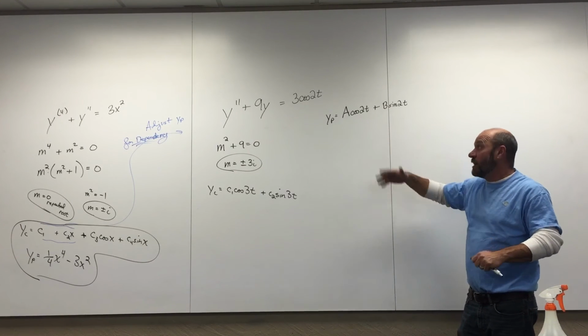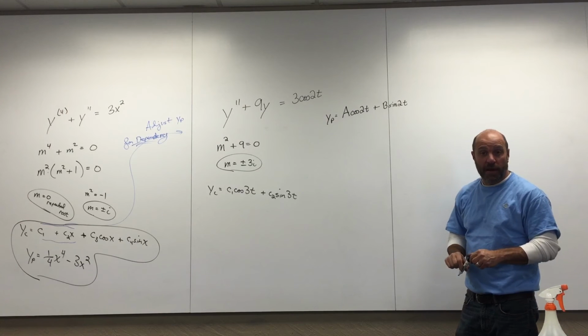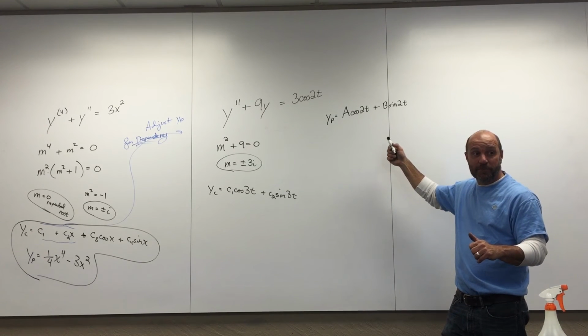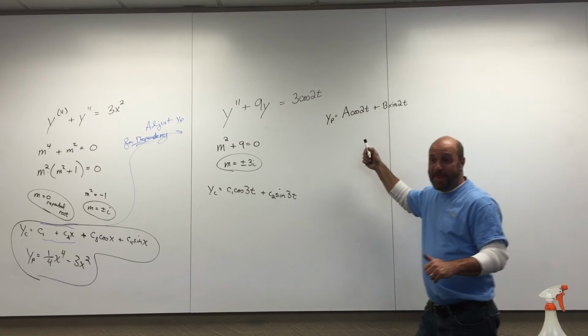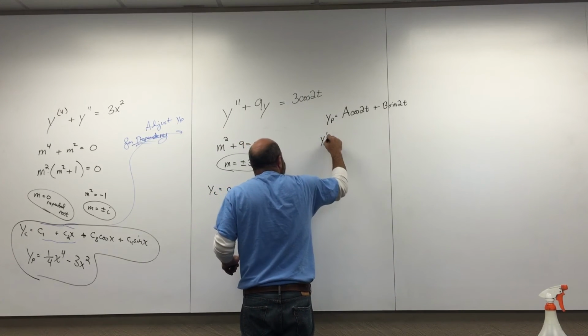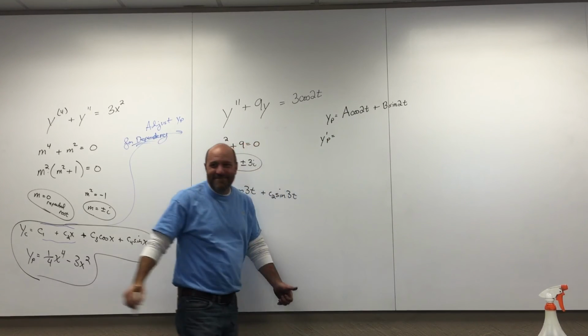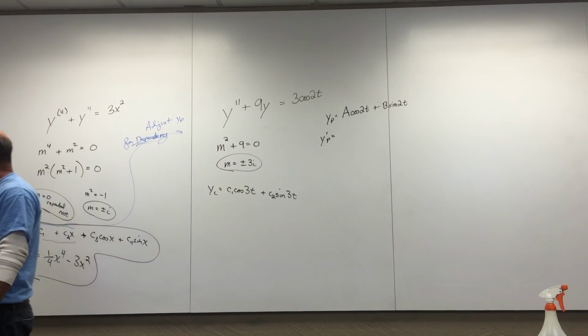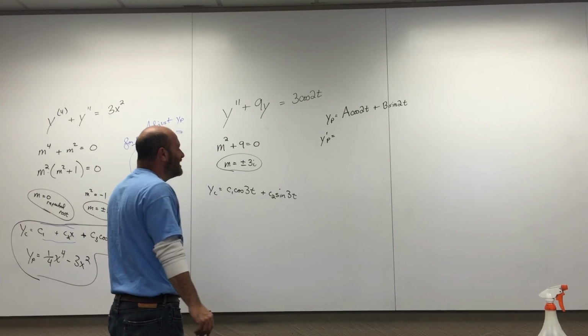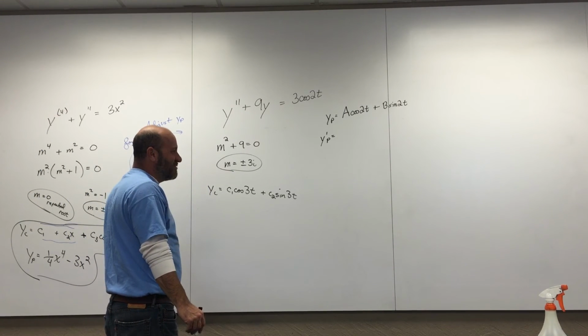That's my guess, and I guess I could keep going here. It's not too hard. Again, no product rules, luckily. Y prime. Y prime is negative 2a sine 2t.